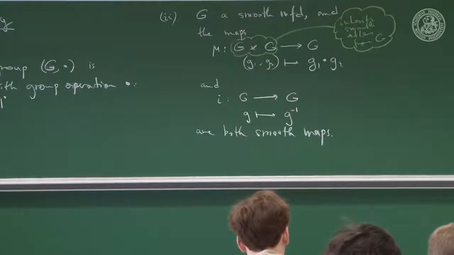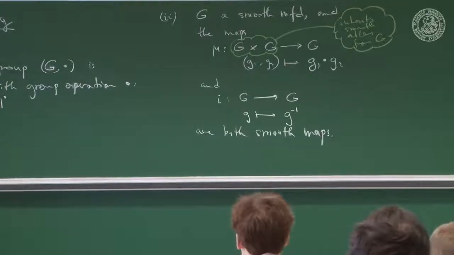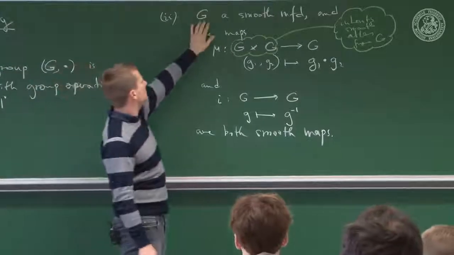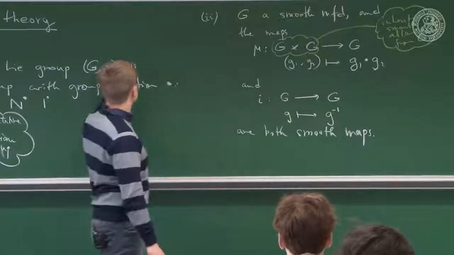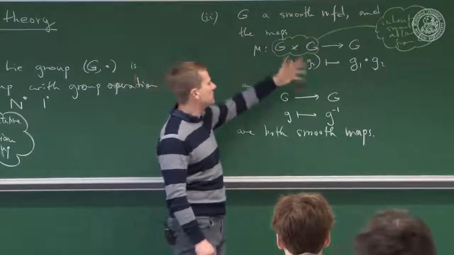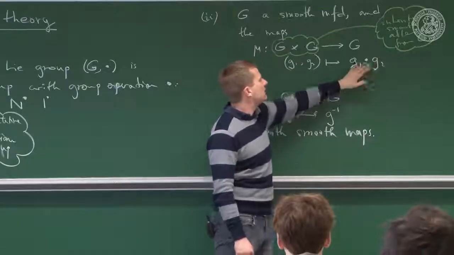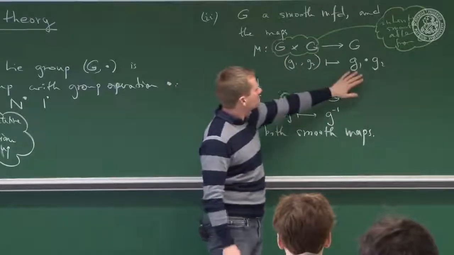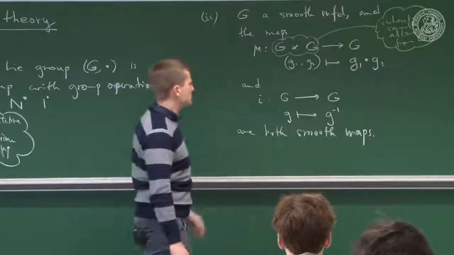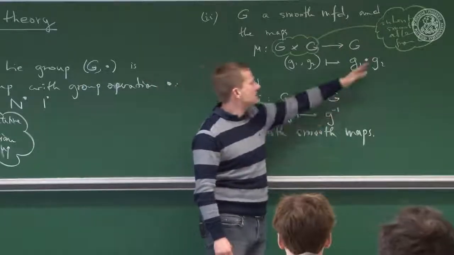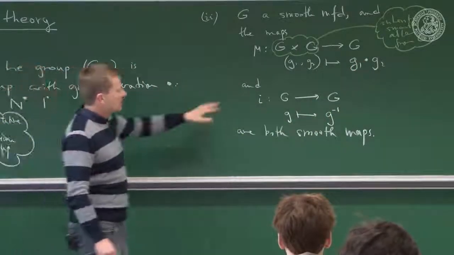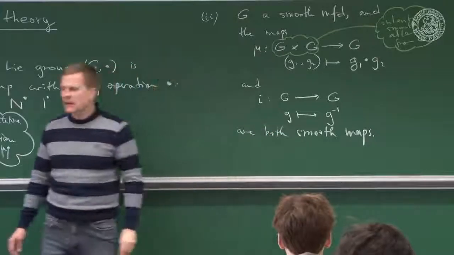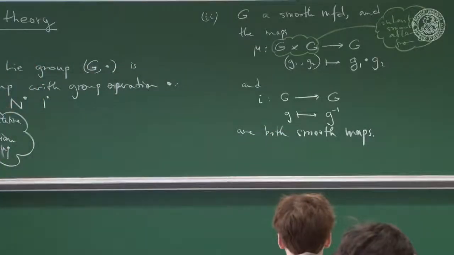So in a sense, it's to be expected: if you have a group and then you have extra structure on the underlying set, you want a kind of compatibility condition with that extra structure, in this case a multiplication, well, that's just a generic name for this blob operation, and you want that to be smooth as well. And the inverse, of course, is also an operation we'll use a lot, so we also require that this be a smooth map. And any such structure with these combined properties is called a Lie group. Okay?